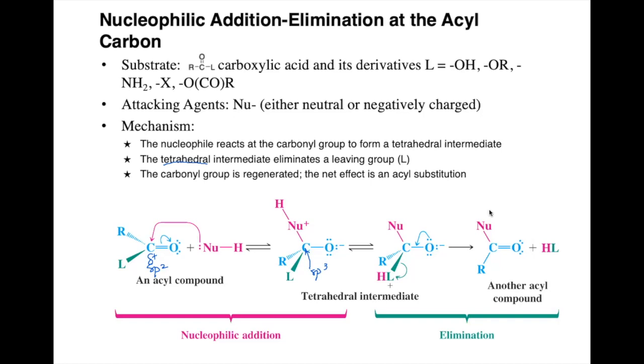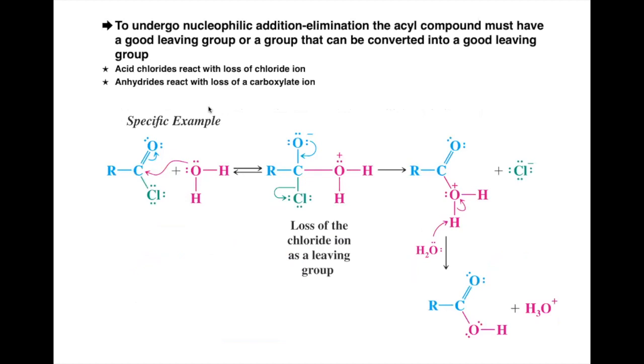Natanggal na yung leaving group, napalitan na siya. That's why it is still nucleophilic substitution. Overall, it's nucleophilic substitution. Okay? So, anong requirement natin? It has something to do with your leaving group. It must have a good leaving group or a group that can be converted into a good leaving group.